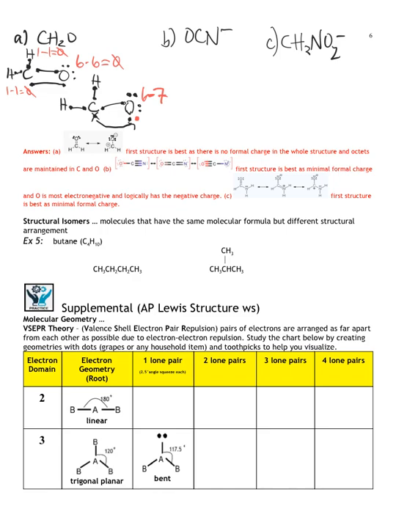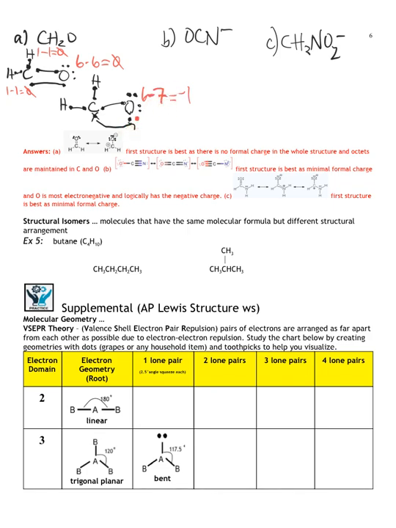I see 7 electrons assigned to the oxygen. Let me count it for you: 2, 4, 6, 7. So that's why it's minus 7, and the formal charge is negative 1. Logically, it makes sense: the oxygen has gained an electron from the carbon, so the negative 1 makes sense here.